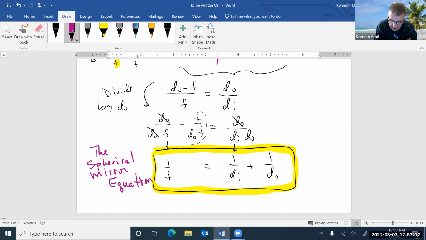In the lens case, this equation came out by using Snell's law, essentially. And now what I've got in this yellow box is coming to us from the law of reflection, not the law of refraction. And yet we get exactly the same equation.